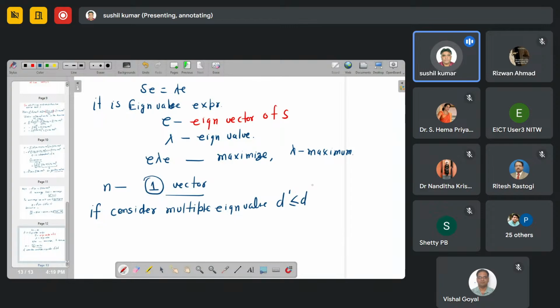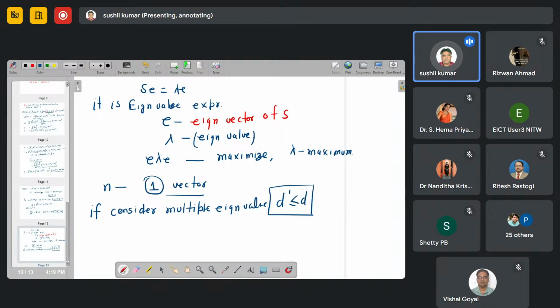If you take eigenvalues equal to the original dimensions, then it will be equal. If you are taking fewer than the original dimensions, then it will be lower dimensional in comparison to the original feature vector. So this is principal component analysis. In principal component analysis, we always take the maximum eigenvalues.